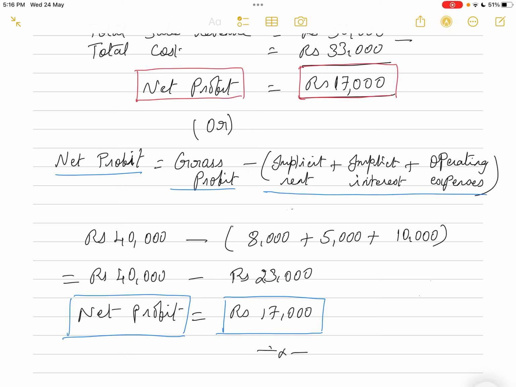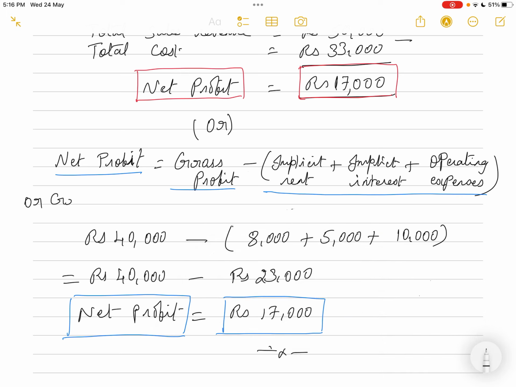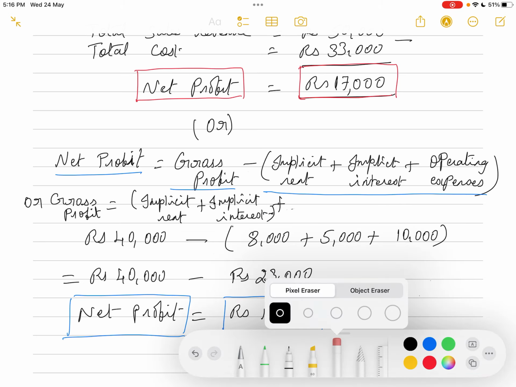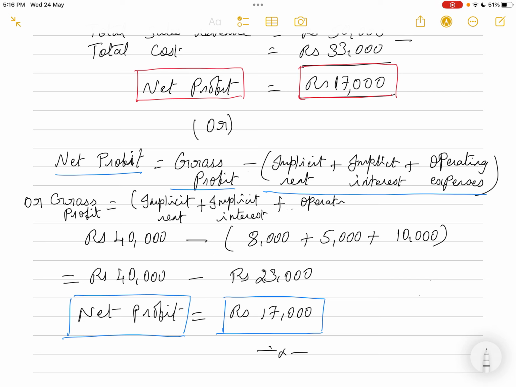Or you can rewrite it as: gross profit is equal to implicit rent plus implicit interest plus all these operating expenses plus net profit.